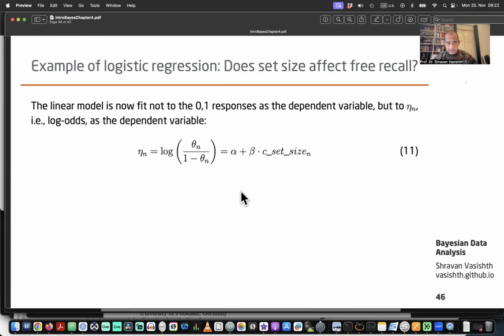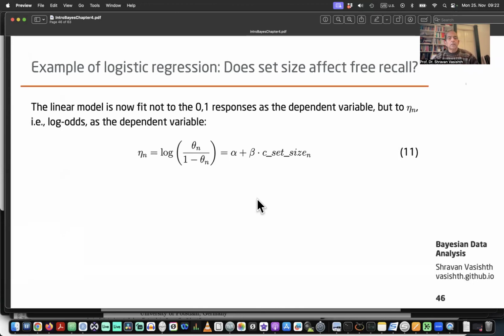This is called a generalized linear model with a logit link function, and also logistic regression. They're synonymous. Saying this is a generalized linear model with a logit link function is the same thing as saying that this is a logistic regression model.